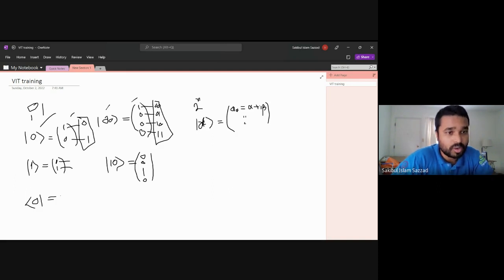The elements of the column will go to the row and the elements of the row will go to the column. So it will look like 1 and 0 in this case. As this is a single column, we'll just swap it. As this is a real number, we have no worry about it. But if it was a complex number, then we have some worry.